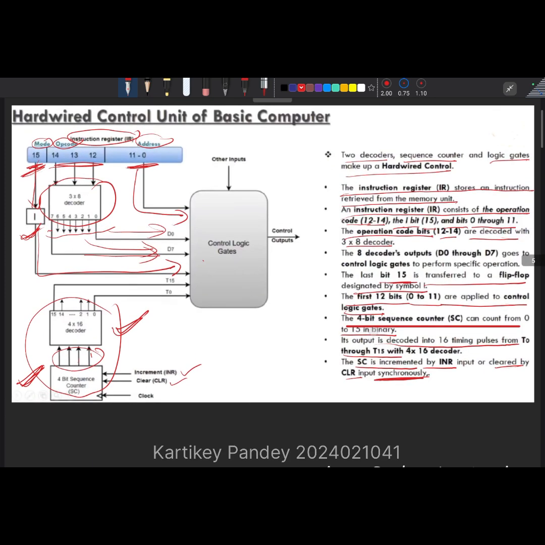Thus, it is fast, but because of having fixed combinational logic circuits, it is hard to modify or update the hardwired control design, and thus it becomes one of the major disadvantages of the hardwired control unit design. So, in the next video, we'll be discussing the microprogram control unit design.